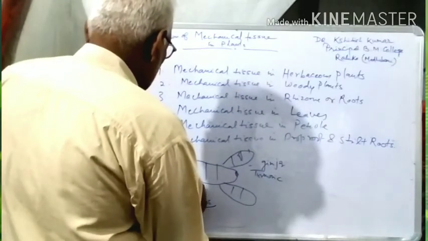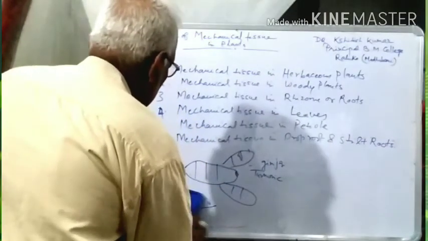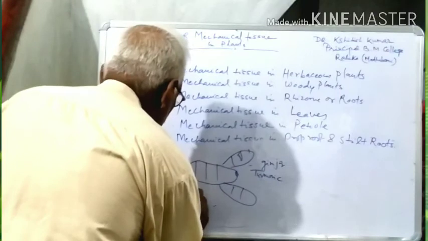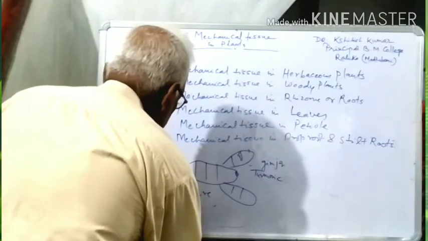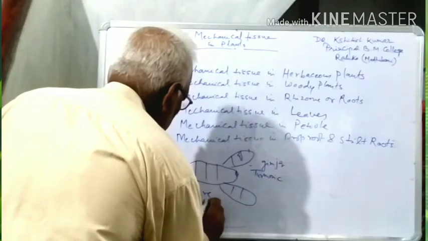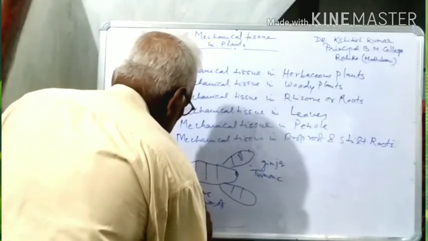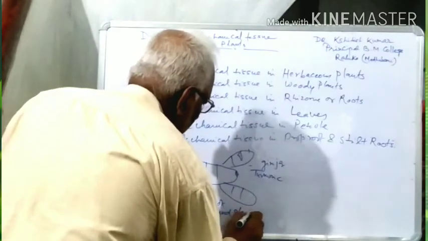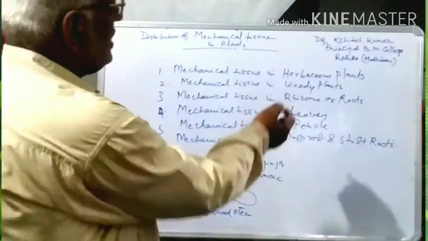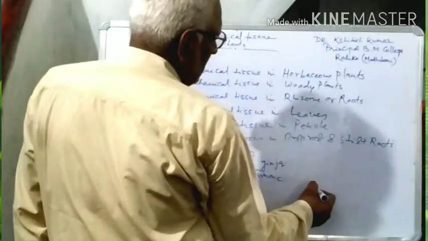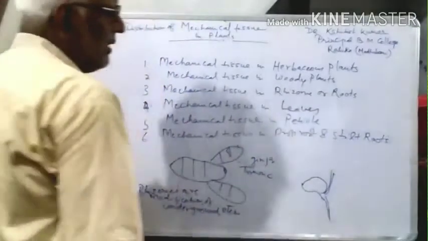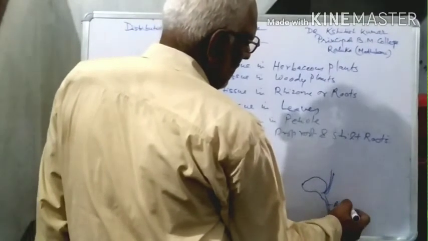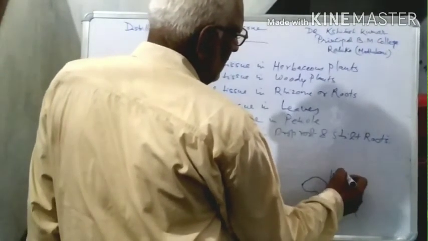Rhizomes are modification of underground stem, and the root is the common thing that grows from the seed when it goes inside the earth, that is known as the radicle, and that is the plumule.